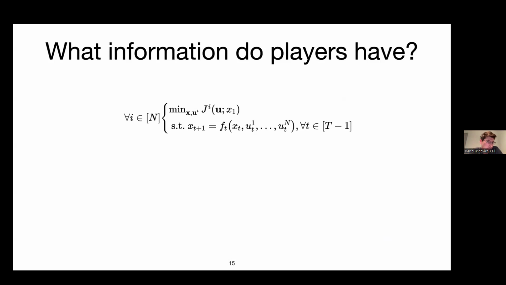If you're player one, and you look at an equilibrium that we just found, it's going to tell you a sequence of states X and a sequence of actions U1 for player one at equilibrium. They'll satisfy the dynamics constraints, and to first order be a minimizer of your objective, fixing everybody else's strategy. So what information do you need in order to play out that strategy?